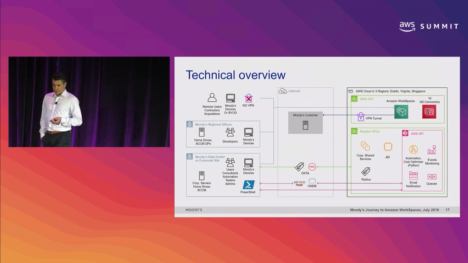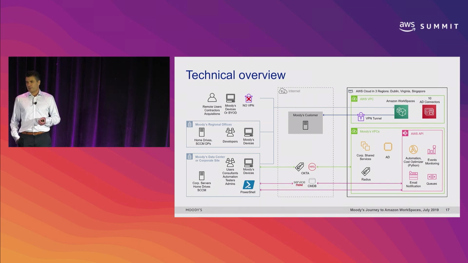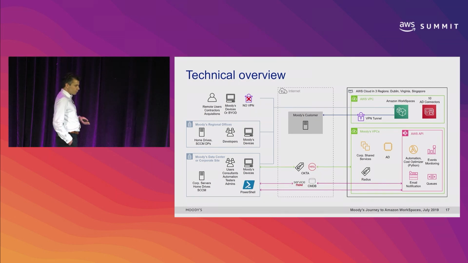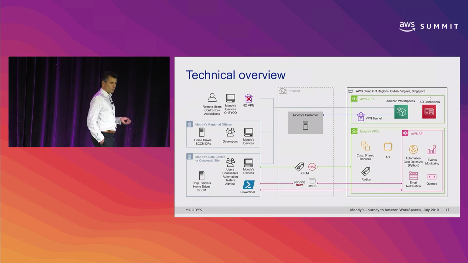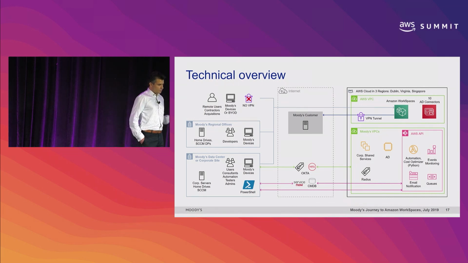With WorkSpaces, it was much easier. We created additional workspaces in a new VPC, which is heavily firewalled. So our internal users use these workspaces to establish a VPN tunnel to our external customers and to manage Moody's applications for our customers in their environment.